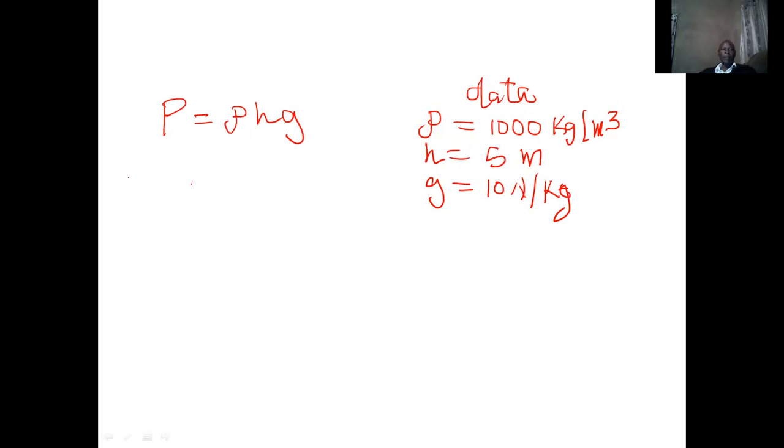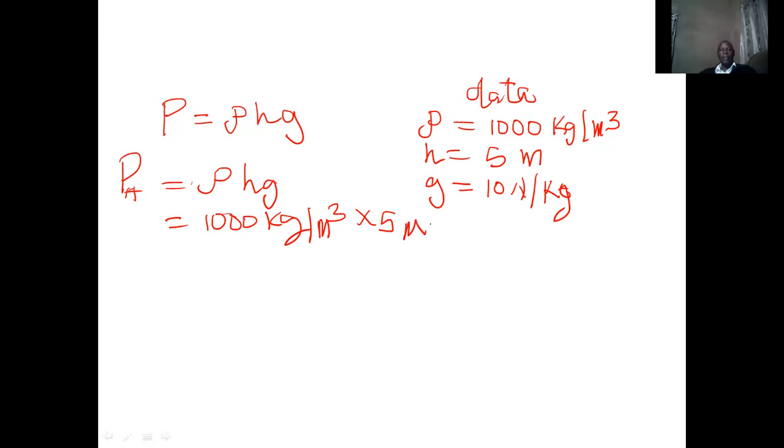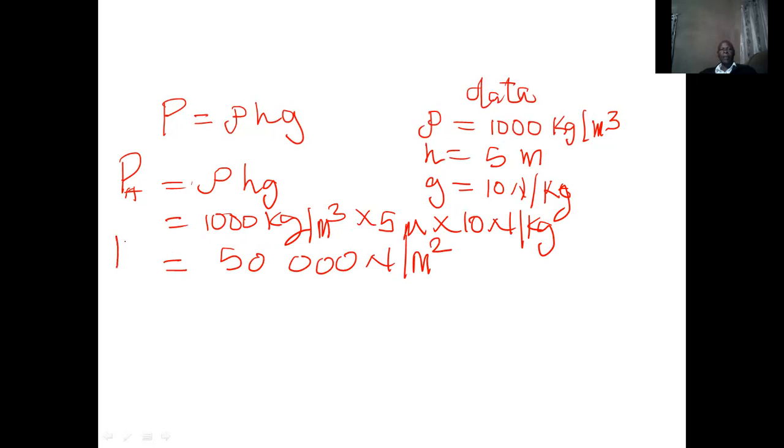And so we find the pressure for stone A, the smaller stone, which would be density multiplied by height multiplied by gravitational field strength, which is 1,000 kilograms per cubic meter multiplied by 5 meters multiplied by 10 newtons per kg, which gives us 50,000 newtons per square meter. That's the pressure for stone A.